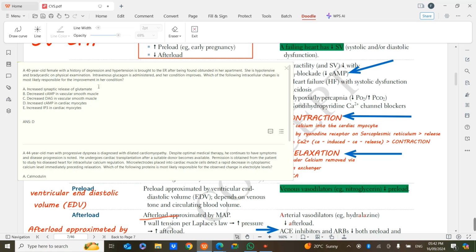So they've already told us that this patient has a history of depression and a history of hypertension. So probably this patient is actually on a beta blocker, because with beta blocker now, the patient is bradycardic. One of the drugs you use to treat overdose of beta blocker is glucagon. Apart from that, atropine.